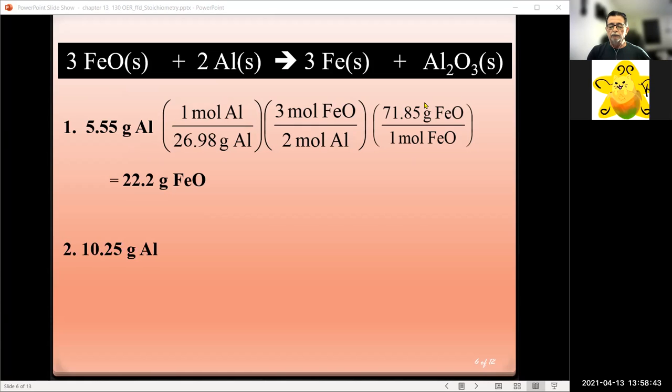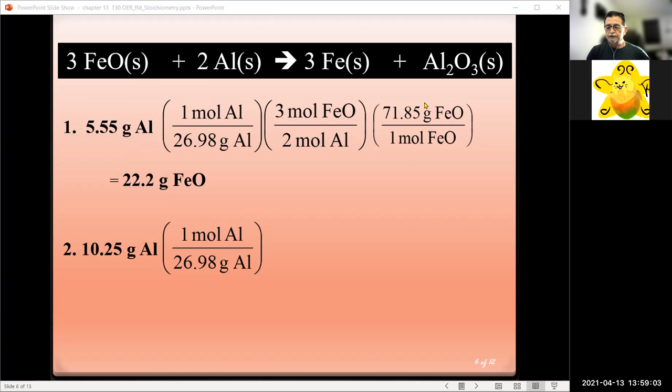Okay. Now we start off with 10.2 grams of aluminum, and I believe we were looking for the amount of aluminum oxide here. Okay. So first step, convert to moles of aluminum.